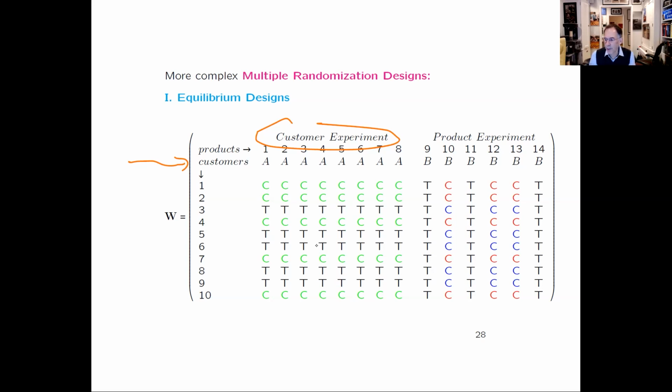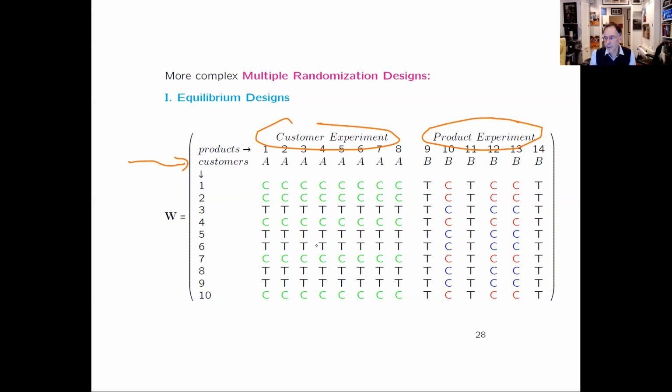In the second group of products, 9 through 14, the ones assigned to the B group here, we do a product experiment where each of the products is assigned to the treatment or control group for all 10 customers.